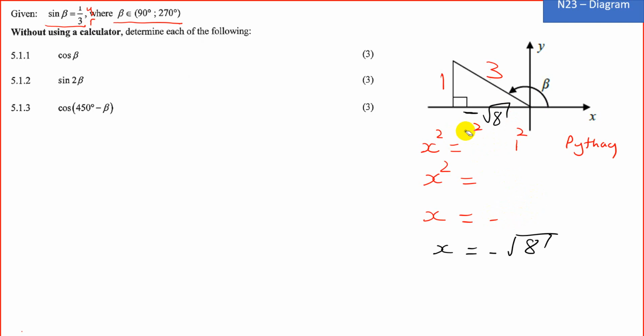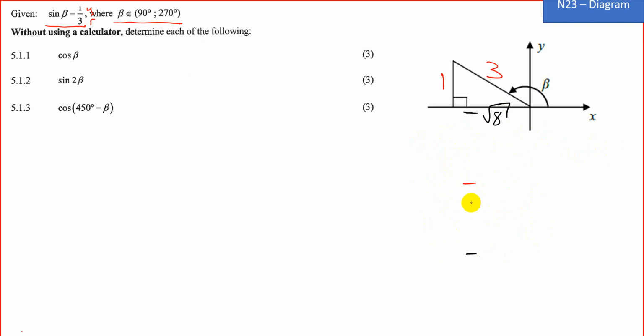I just want to clear the board a little. So we have our x, y, and r value. Just to remind you, our x value is minus root 8, our y value is a positive 1, and our radius here is 3.